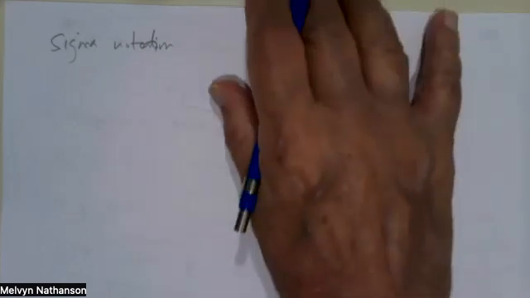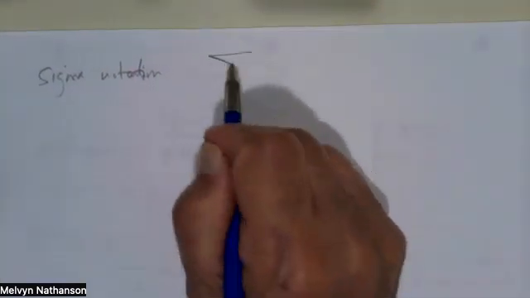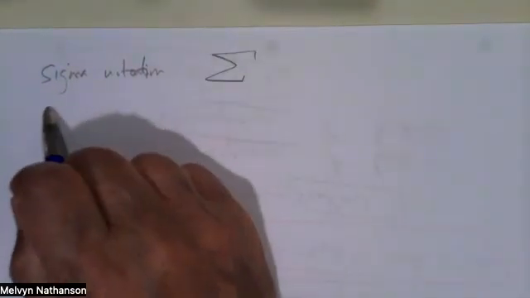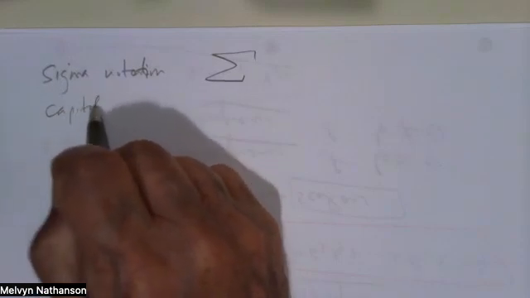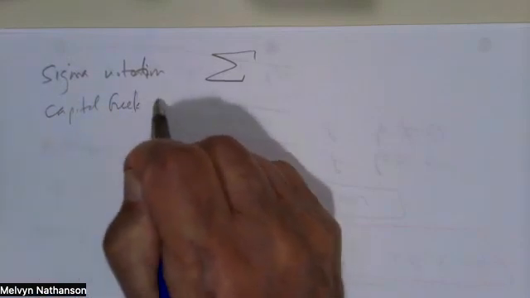Especially when we're writing equations in n variables, we use what is called sigma notation a lot. Sigma notation. You've seen this in calculus. This is the capital Greek letter sigma.